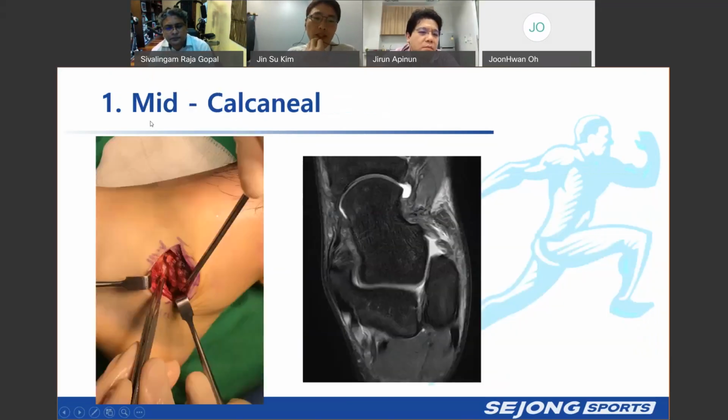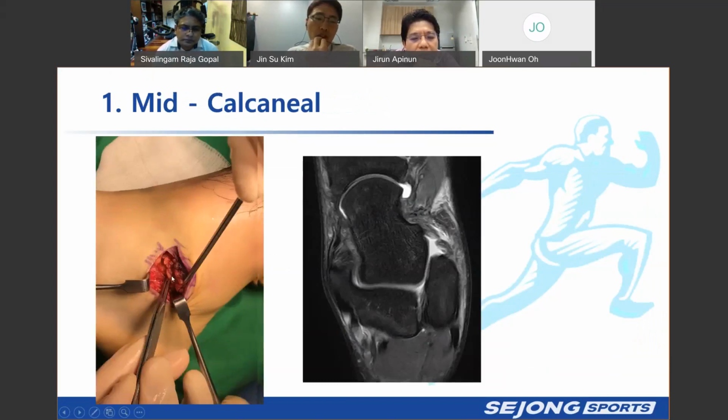Just ATFL mid, and the calcaneal side is a top tear. We see the mid tear in the MRI scan, just leading end to end, contact to end.